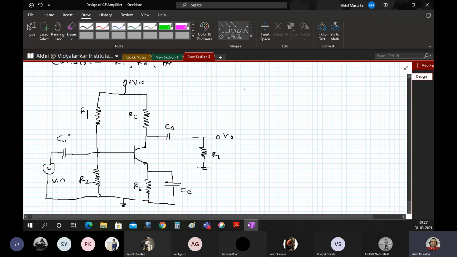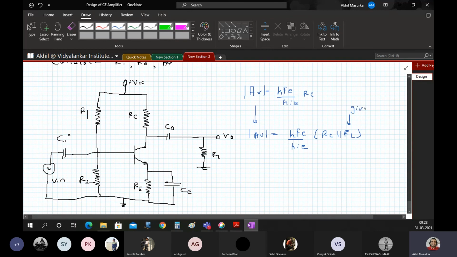So you know that Av, initially we were using the formula hfe upon hie into Rc. But now this formula gets modified to Av is equal to hfe upon hie into Rc parallel with RL, and RL is given.